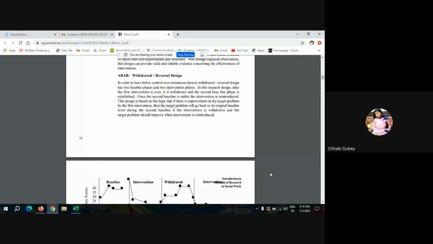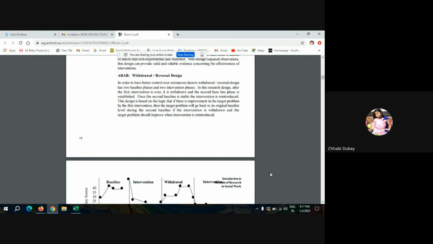And in this research design, after the first intervention is over, it is generally withdrawn and the second baseline phase is established. Okay. So once the second baseline is stable, the intervention is again reintroduced.